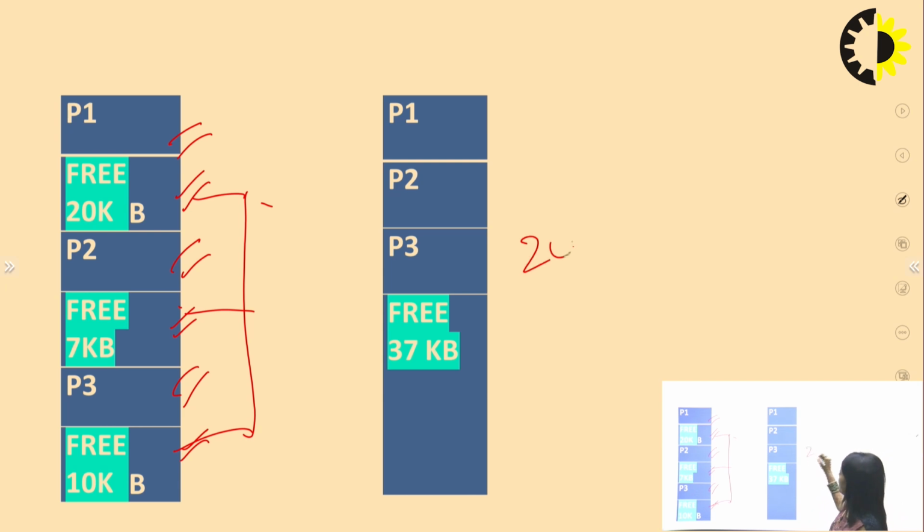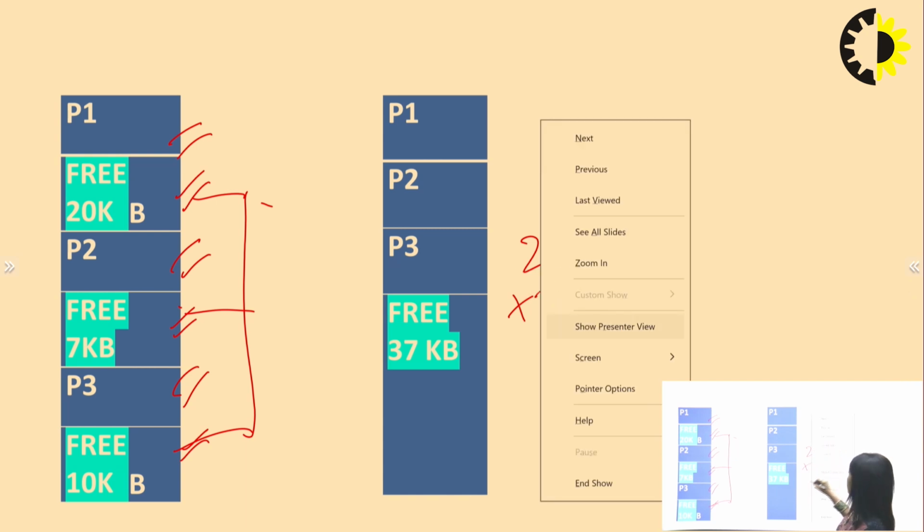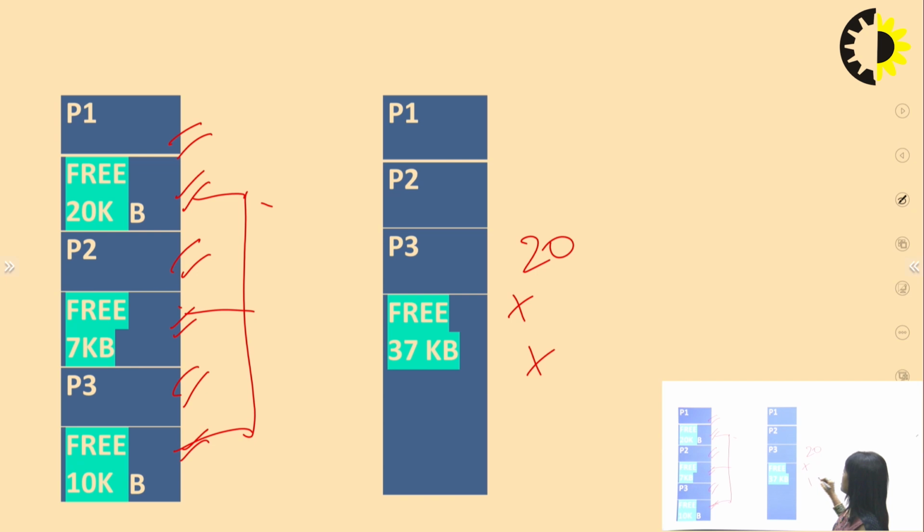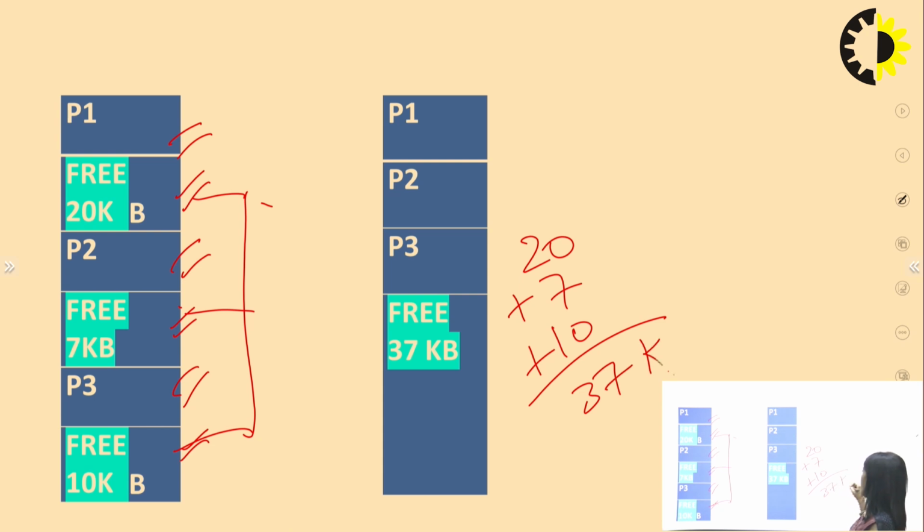So 20 plus 7 plus 10, we have a total of 37 KB of space.